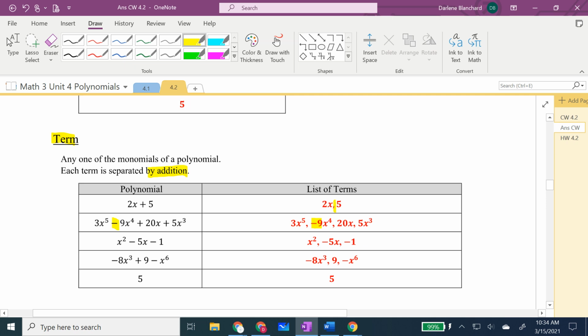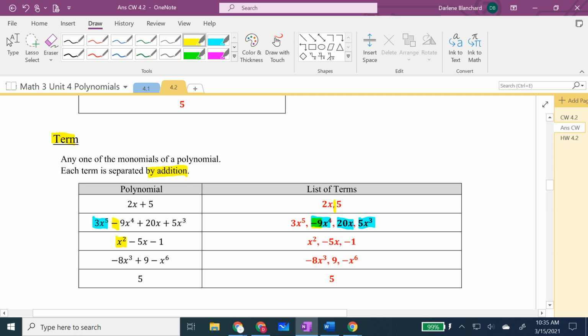So what you have is 3x to the 5th is one term added to negative 9x to the 4th, added to 20x, added to 5x cubed. So make sure to not ignore the negatives in front. For the next one, x squared is a term.